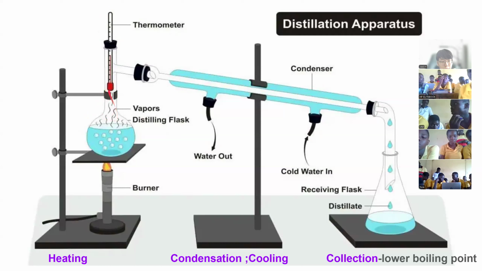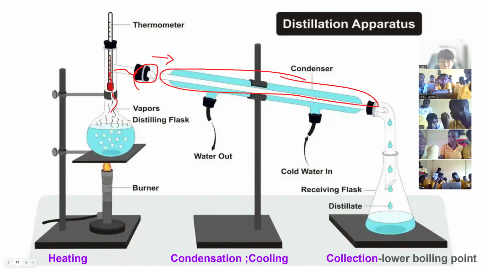If the alcohol evaporates, then it gets collected over here. And if the alcohol vapor goes down further, this is the part where alcohol gets condensed. This part is called the condenser.